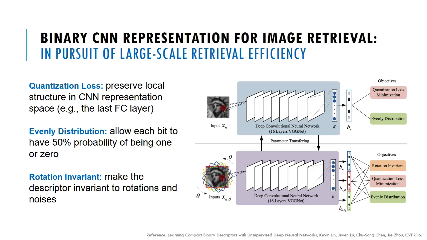The other aspect is rotation invariance. When learning a binary representation, we can also learn rotation invariance to make the descriptor invariant to rotation and noise. That's a very effective way to have a faithful binary representation that works at large scale and is also extremely fast.